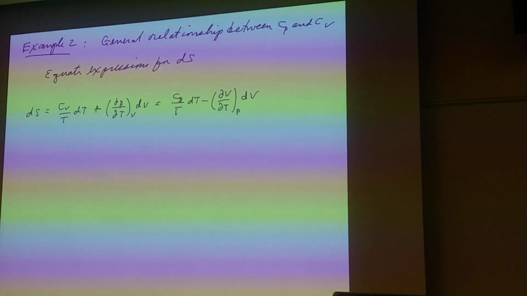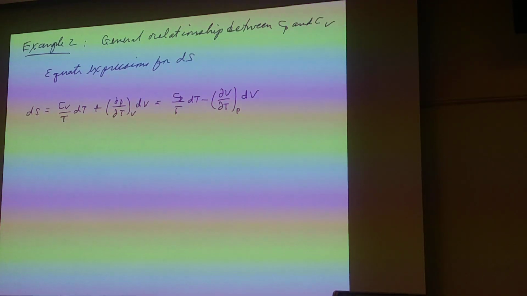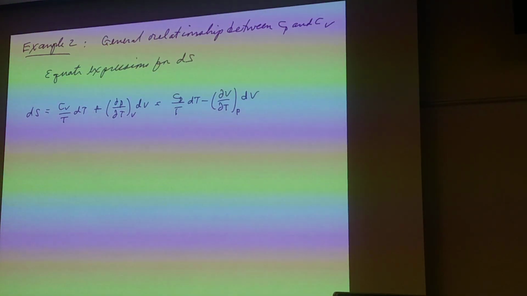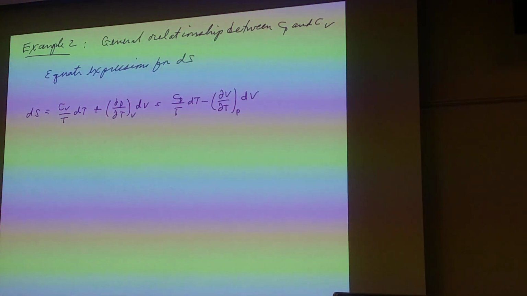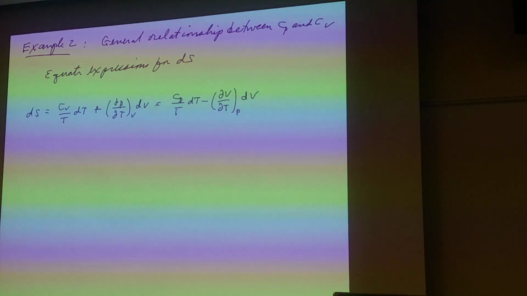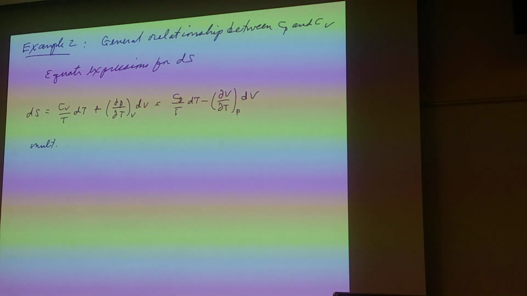So I can multiply through by T and then successively hold either T constant or P constant or V constant.